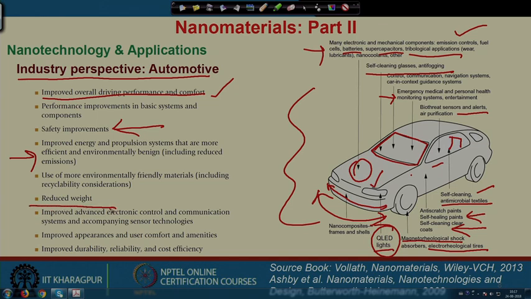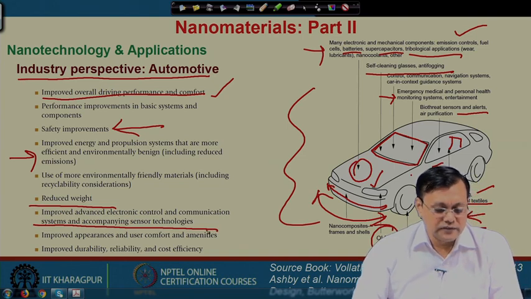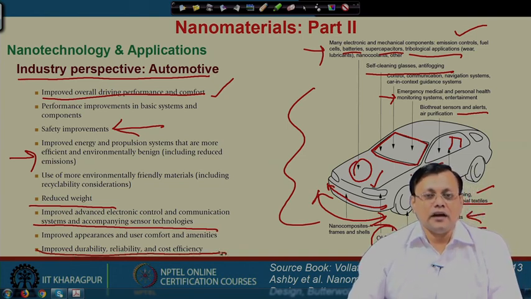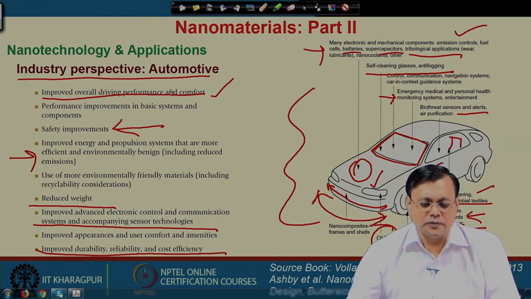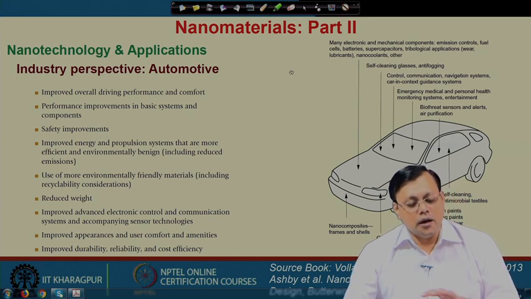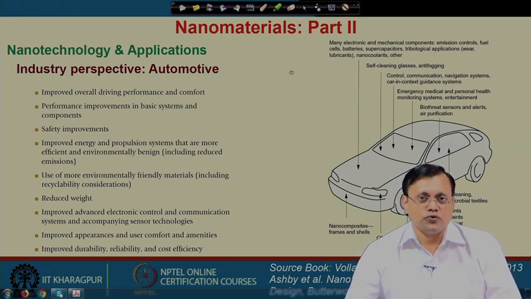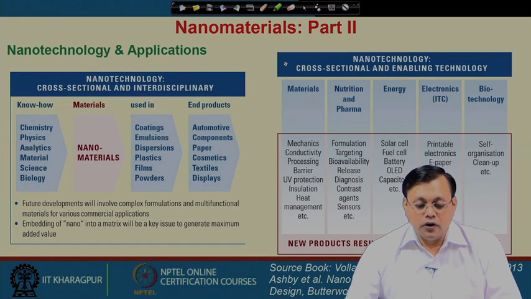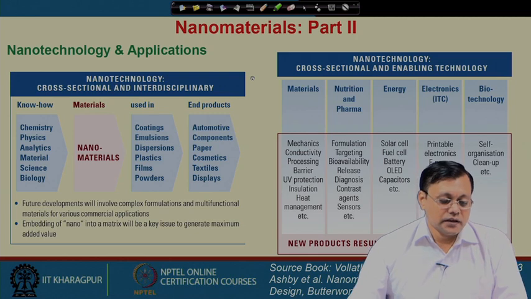At the same time we can reduce the weight with high strength materials, improve advanced electronic control systems, and improve durability, reliability and cost efficiency. These are the most important and challenging aspects of nanotechnology today. However, many of these aspects that I told you about are already under application. Okay, so they are very interesting.